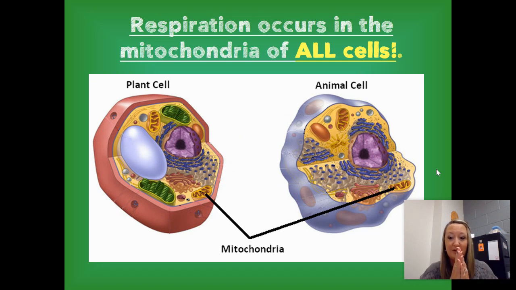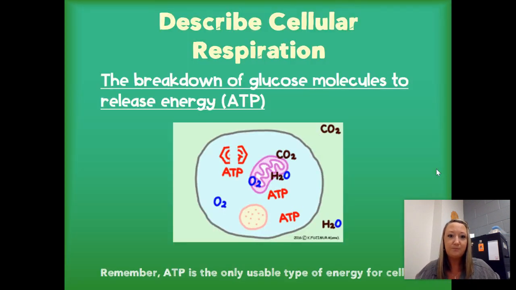It takes that glucose, takes it all apart through a chemical reaction, puts it into a form that's usable for the cell. So both plant and animal cells go through this because plant cells and animal cells both have mitochondria. Plant cells also go through photosynthesis, but plant and animal cells both go through cellular respiration.